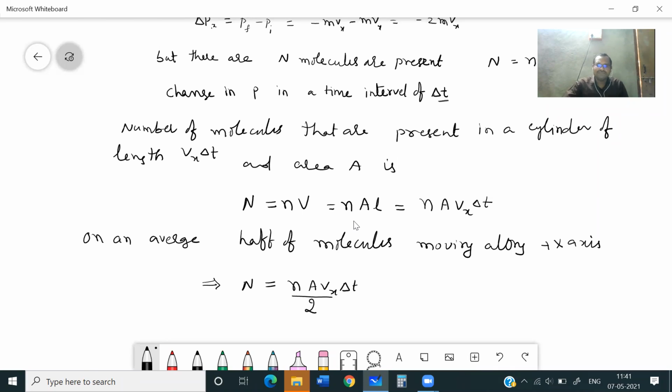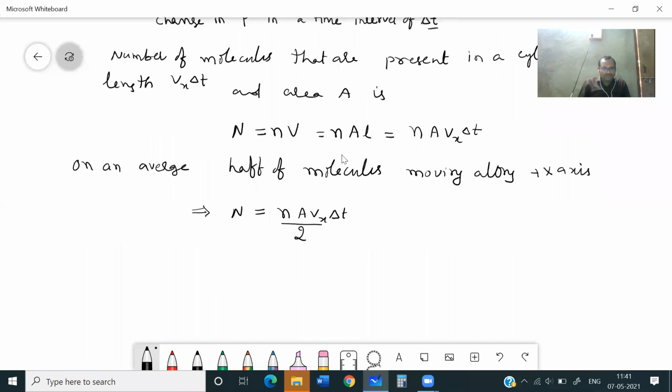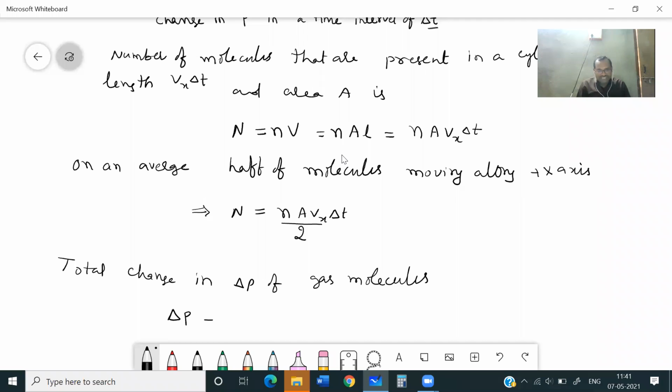Now total change in momentum. Total change in momentum of gas molecules, and not one molecule now, molecules is how much? Delta P is nothing but change in momentum of one molecule, that is minus 2mvx, into number of molecules, n A Vx into delta T divided by 2.